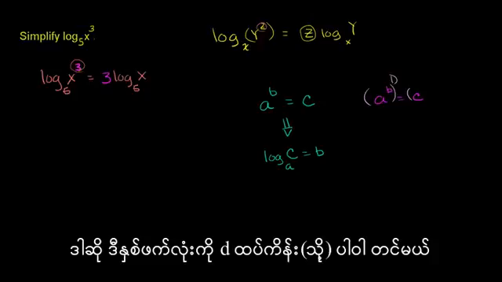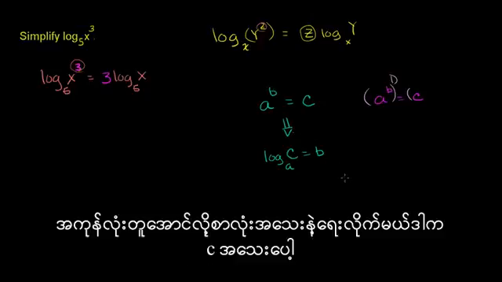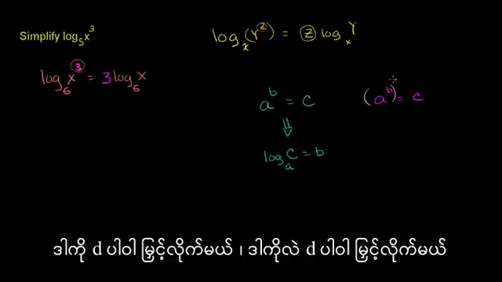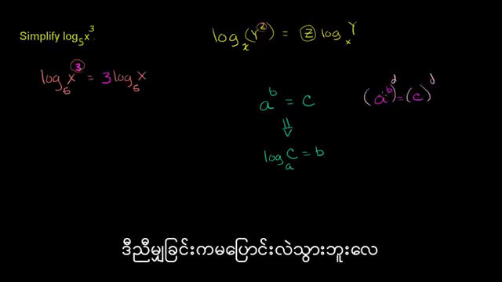I'll use all lowercase letters, so this is a lowercase c. So let me write it this way: a to the b, I'm going to raise this to the dth power, and I'm going to raise this to the dth power. Obviously, if these two things are equal to each other, if I raise both sides to the same power, the equality is still going to hold.